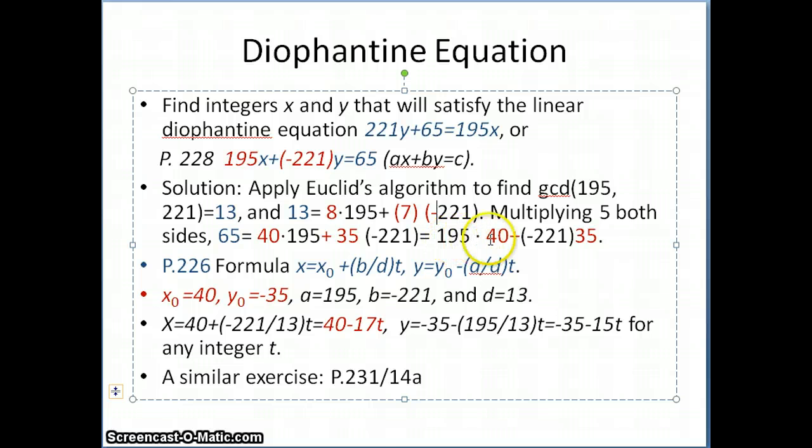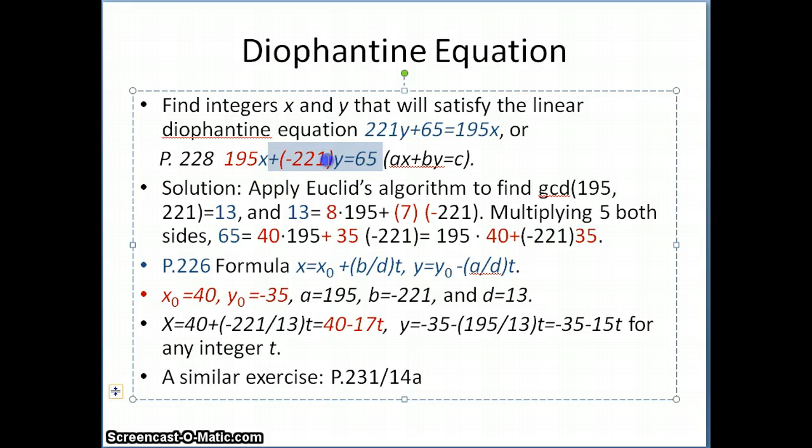So we get 195 times 40 plus negative 221 times 35. The 65 on the left is the same as the 65 in the original equation, and on the other side we have 195 times something plus negative 221 times something.